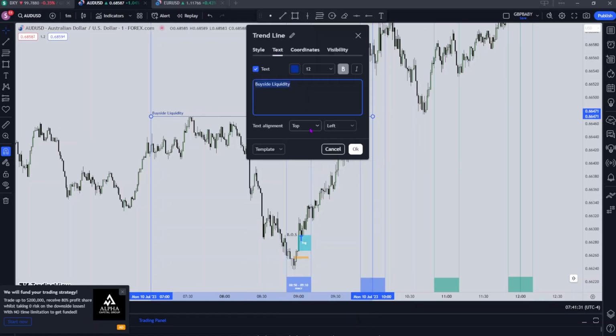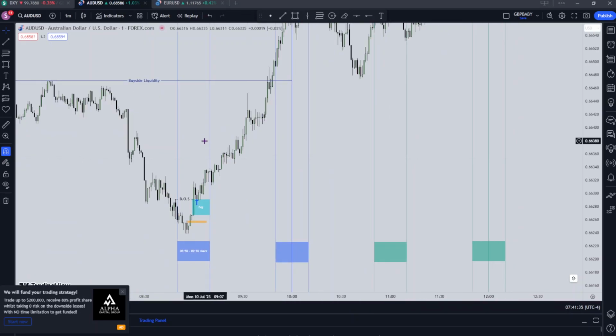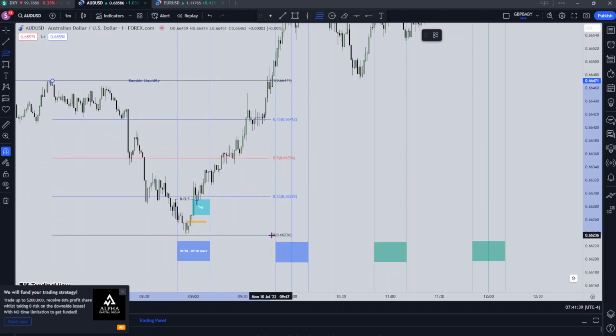And I might as well send it to that side liquidity, and with that in mind, I'd also let half of my position off at the 50% level.